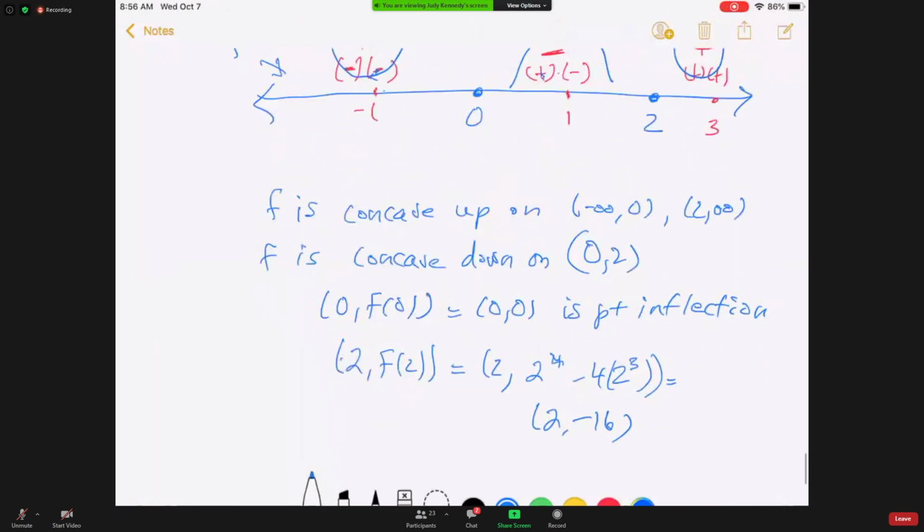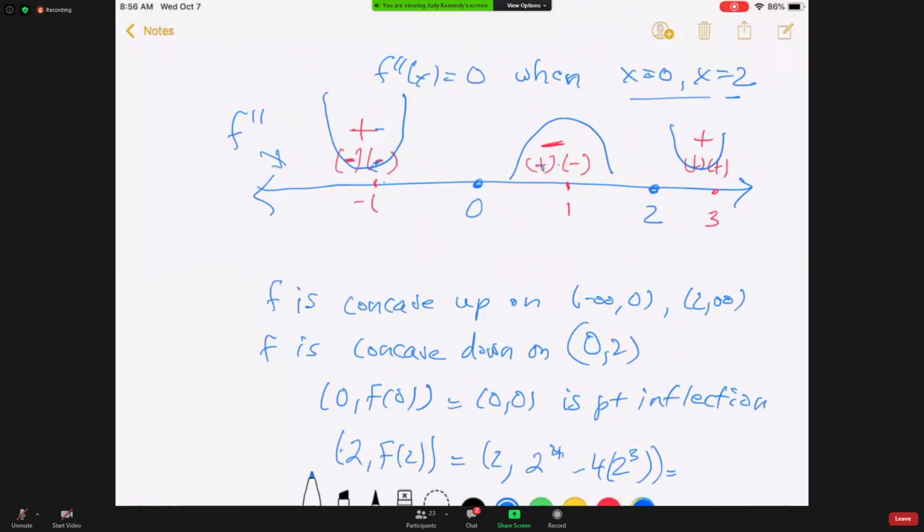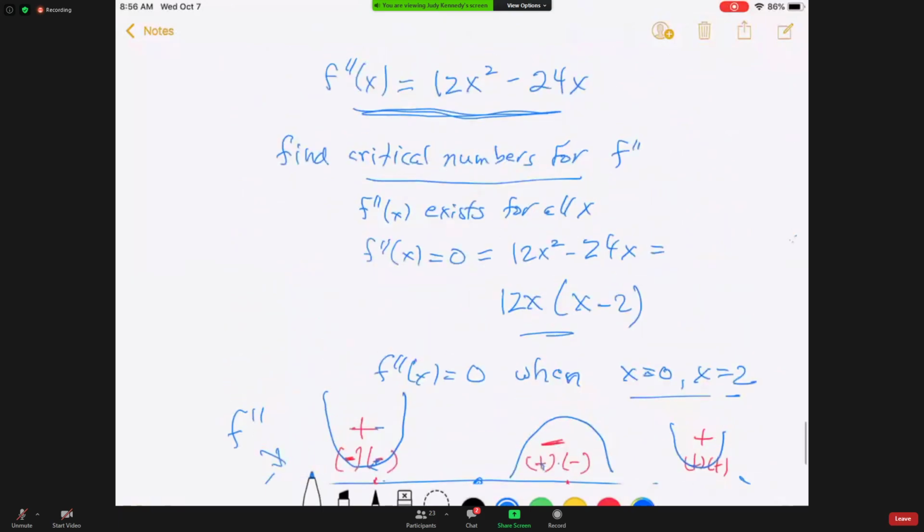Okay, so we have some more information, and how does this change our graph?